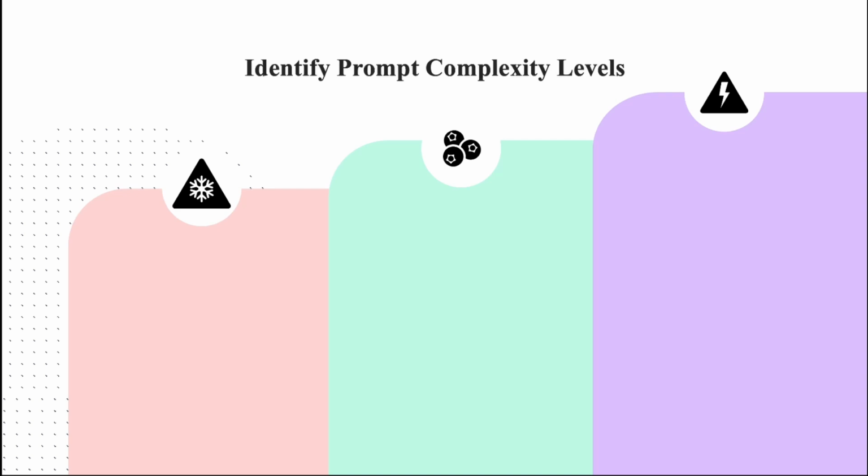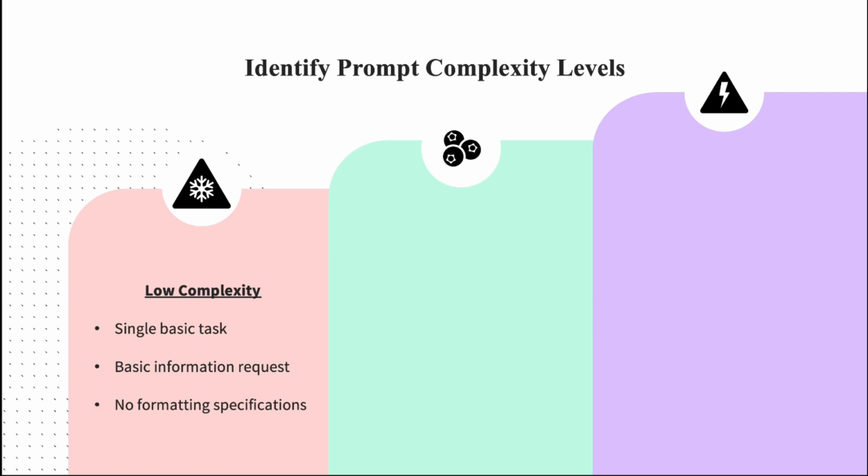Identify prompt complexity levels. We can identify different levels of prompt complexity by recognizing the following key indicators. Low complexity. It involves a prompt focused on a single task, asking for basic information without formatting specifications.